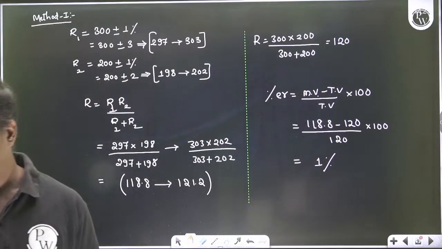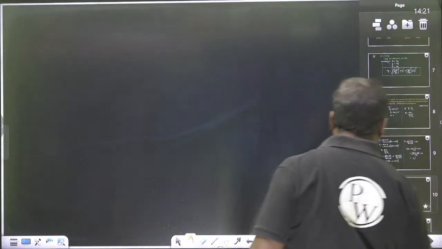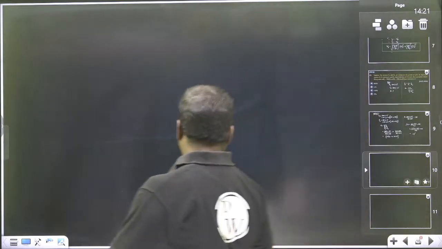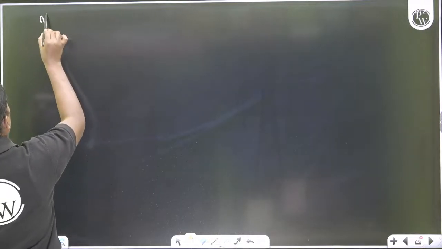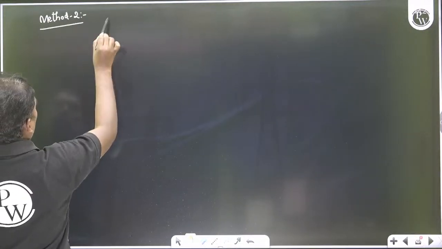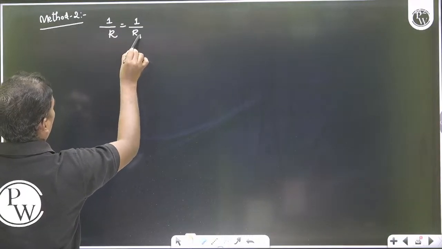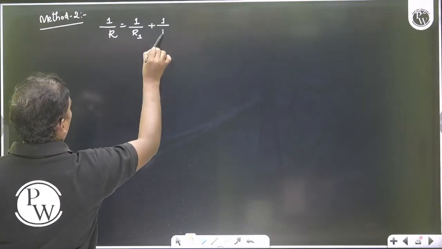For method 2, I can go for the partial differentiation method. Method 2 is like this: 1 by r is equal to 1 by r1 plus 1 by r2.